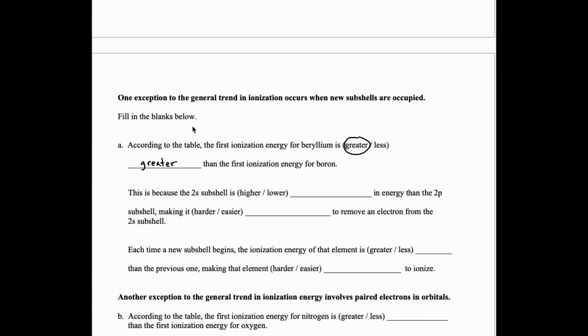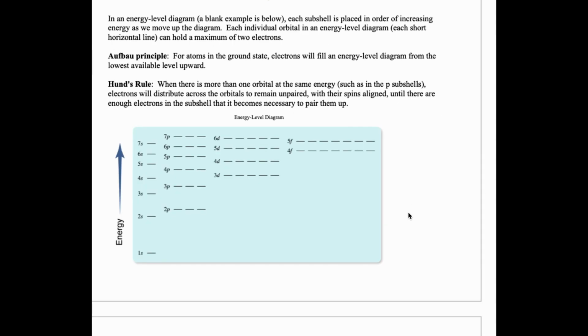So now they're asking us about the reason why, and they're comparing the energy of the 2s subshell to the 2p subshell. So if we go back into our past of looking at the energy level shells, we see that the 2p is at a higher energy level than the 2s, which means that for the 2p, it's going to be easier for electrons to be pulled away.